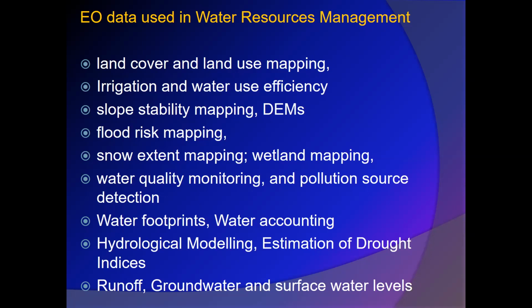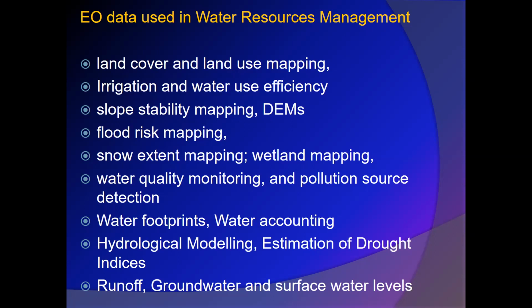There's been a lot of work with Earth observation and irrigation and water use efficiency, crop water use in particular. Lots of work is being done in understanding how much water crops use, so that we can model that, so we can schedule irrigation, so that we can predict whether this crop is worth growing in a specific area, etc. Slope stability mapping, DEMs.